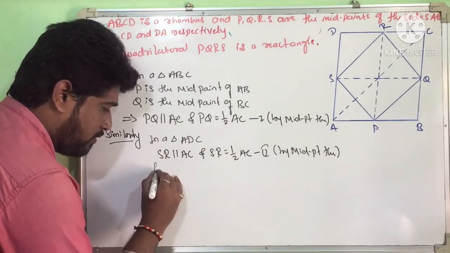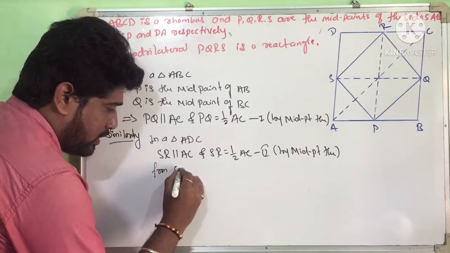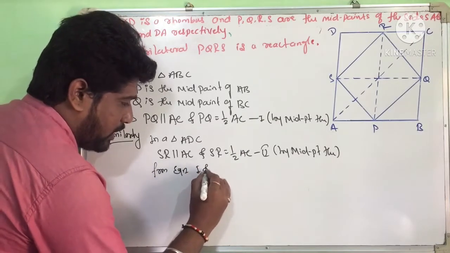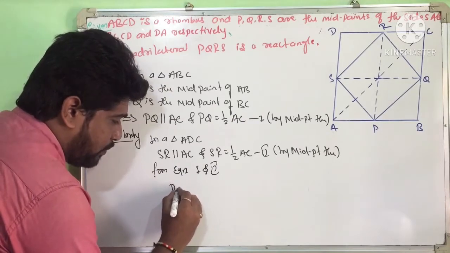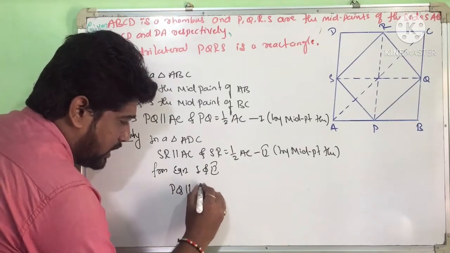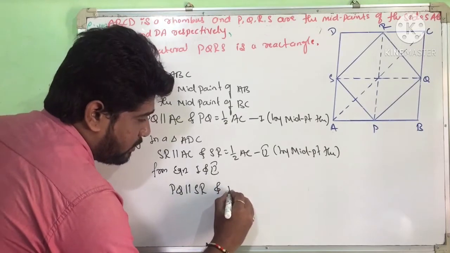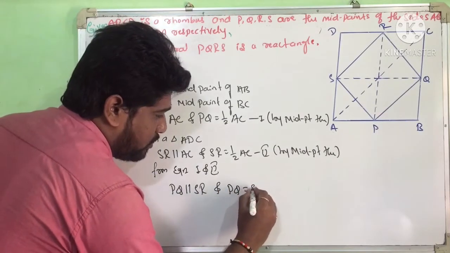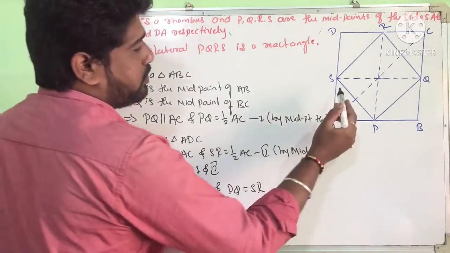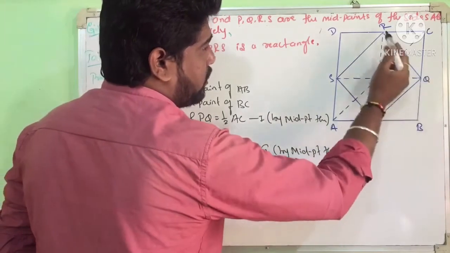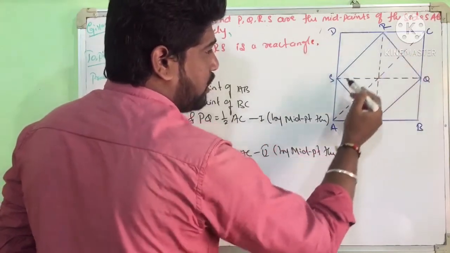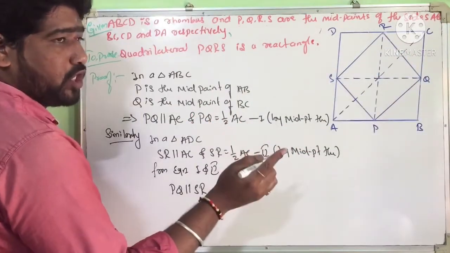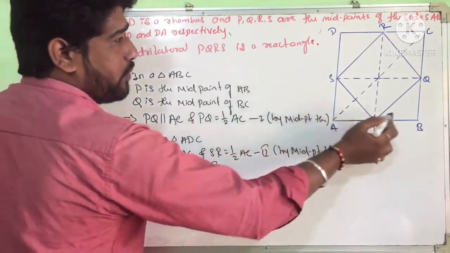So write down here from equation 1 and 2, PQ is parallel to SR and PQ is equal to SR. So see here in quadrilateral PQRS, PQ is equal to SR, PQ is parallel to SR. If one pair of opposite sides are parallel and equal, it is a parallelogram.